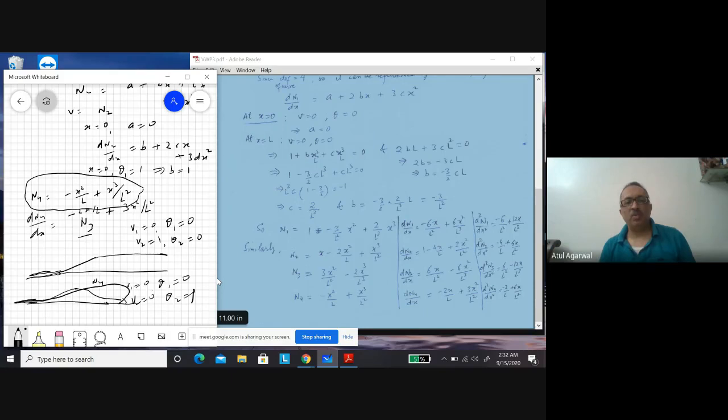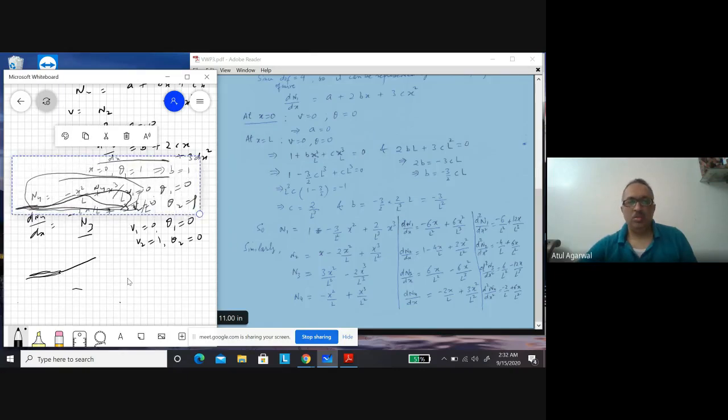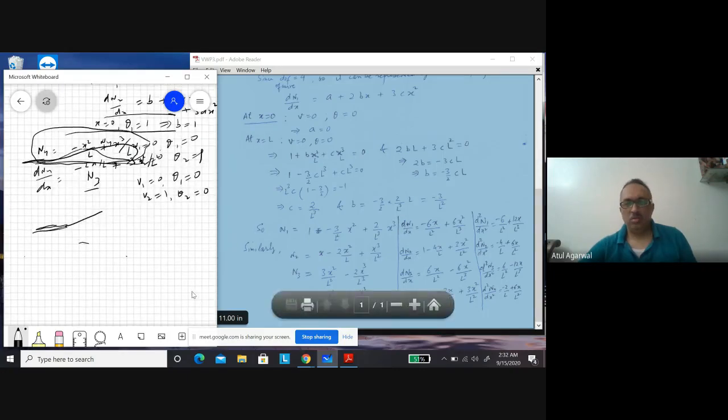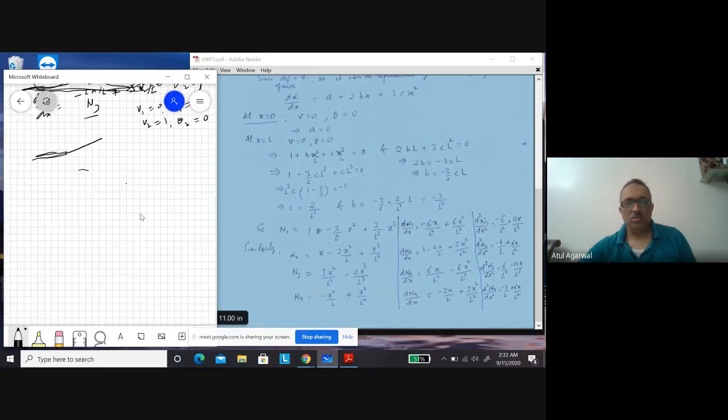We can try to plot it. You try to plot it and see how it looks. It should look something like this. This is the way it can look; I don't see any other way it should look.